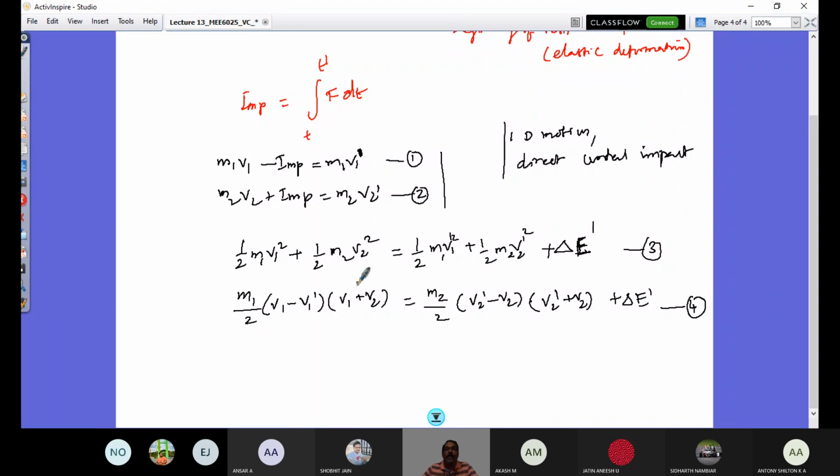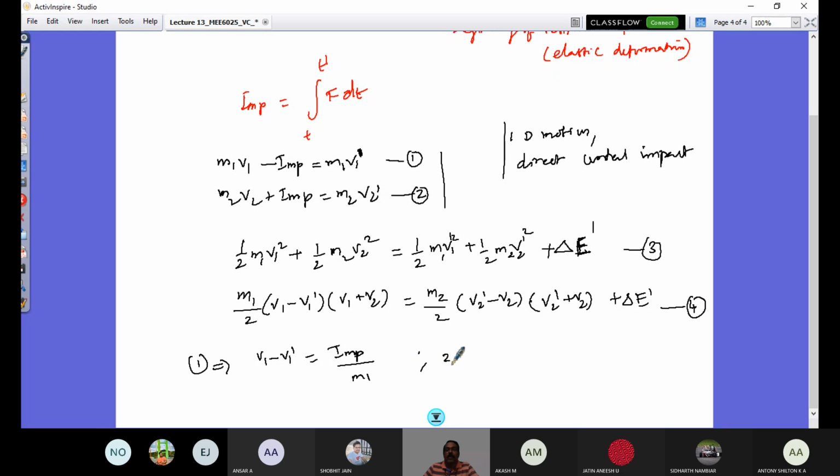It is to look at it now from equations 1 and 2, where I can get these expressions. Since it is M1, I take M1 V1 dash on this side and the total impulse on the other. From equation 1, I get V1 minus V1 dash as IMP, the total impulse, by M1.